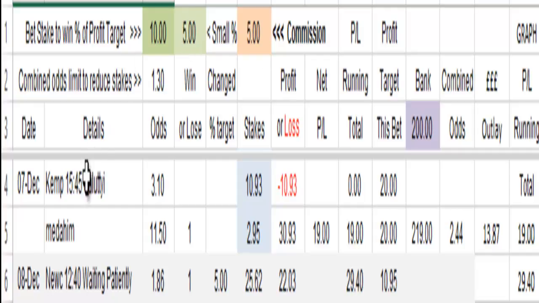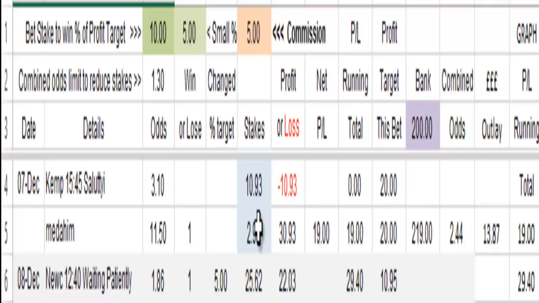Okay, so let's go through it. These are true bets. Now you'll notice I've got here bank 200. Now I've changed that for this actual tutorial. My bank is not 200. This is just if you start with a 200 and you were using this software, this is how it would look.